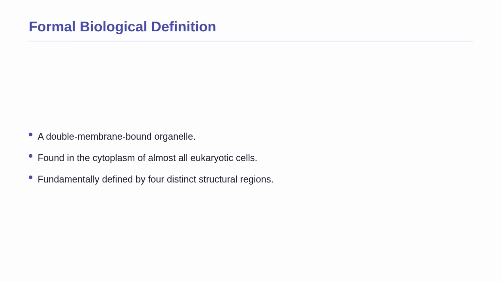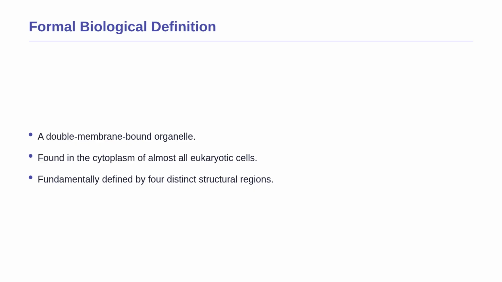Now that we have an intuitive picture of a power plant in our minds, let us look at the formal biological definition. In formal terms, a mitochondrion is a double membrane-bound organelle found in the cytoplasm of almost all eukaryotic cells. This double membrane architecture is not just a detail, it is fundamental to how the organelle functions.